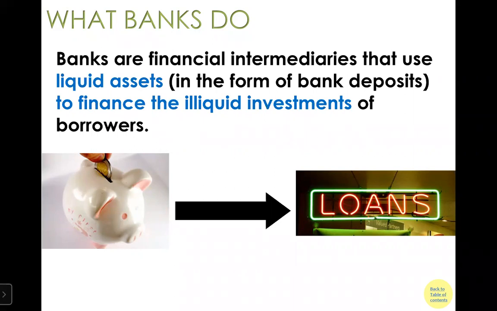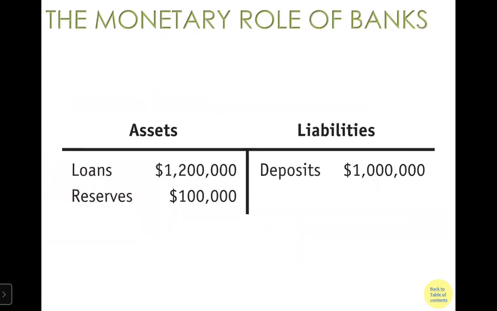Now let's see how a bank can generate money. But first, what we learned is that the bank essentially works as a financial intermediary. They bridge the gap between buyers and sellers, or it works as an intermediary between whoever has liquid assets and who needs money or resources to finance illiquid investment, right?